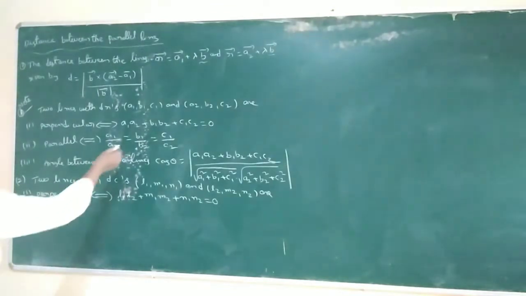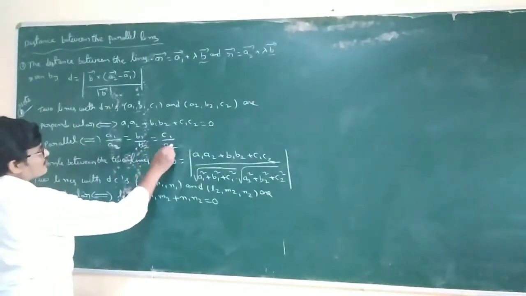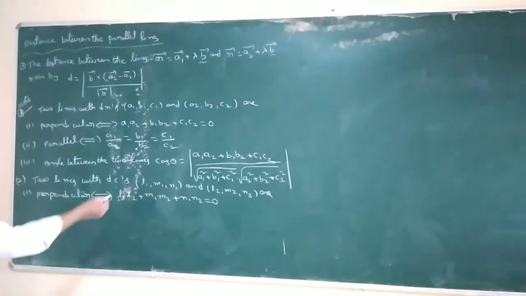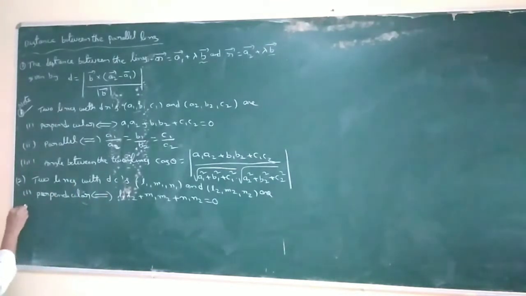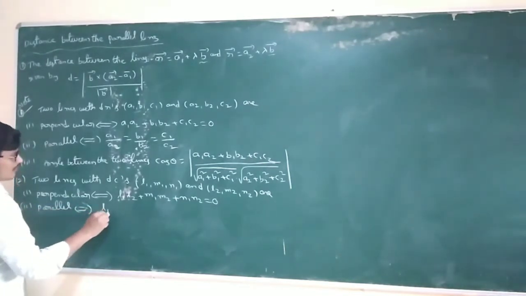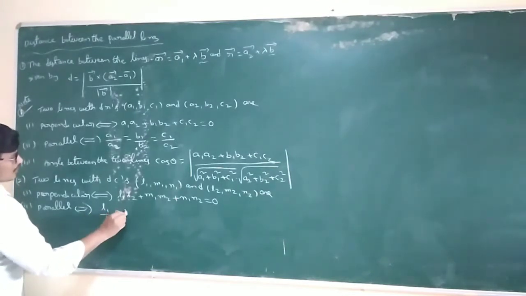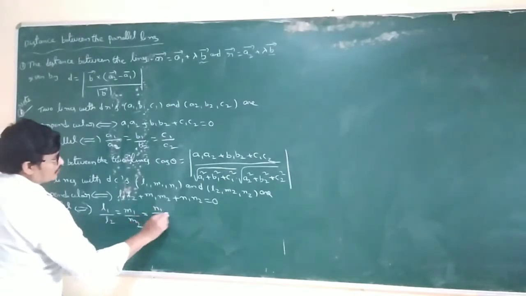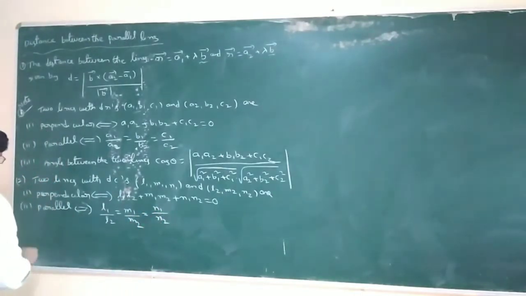If these three ratios A1 by A2, B1 by B2, C1 by C2 are equal, these two lines are parallel. Okay, perpendicular. Next, second one is parallel: same, L1 by L2 is equal to M1 by M2 is equal to N1 by N2.